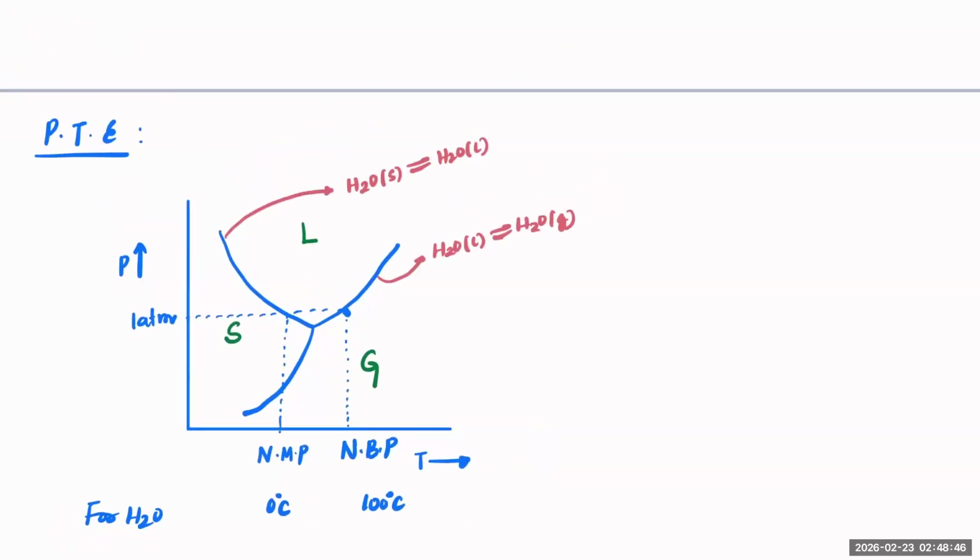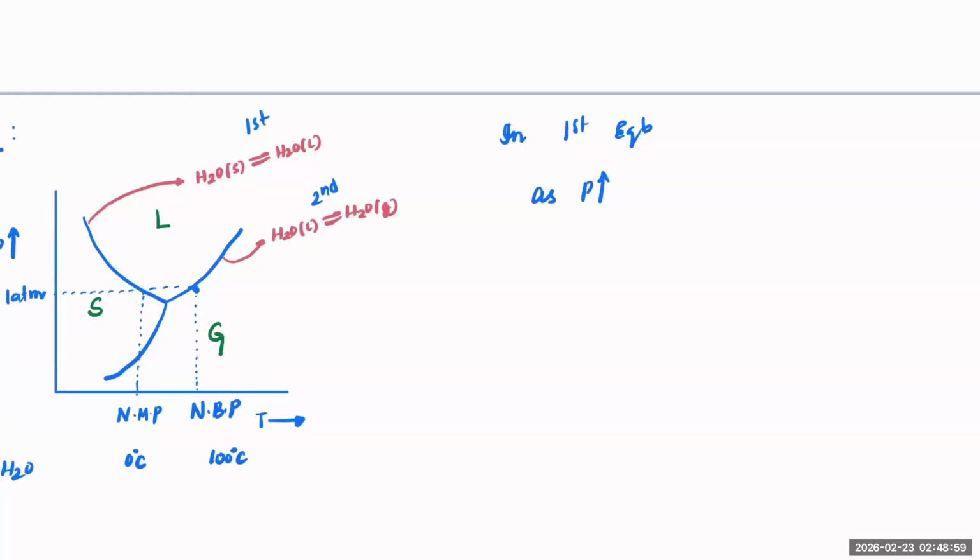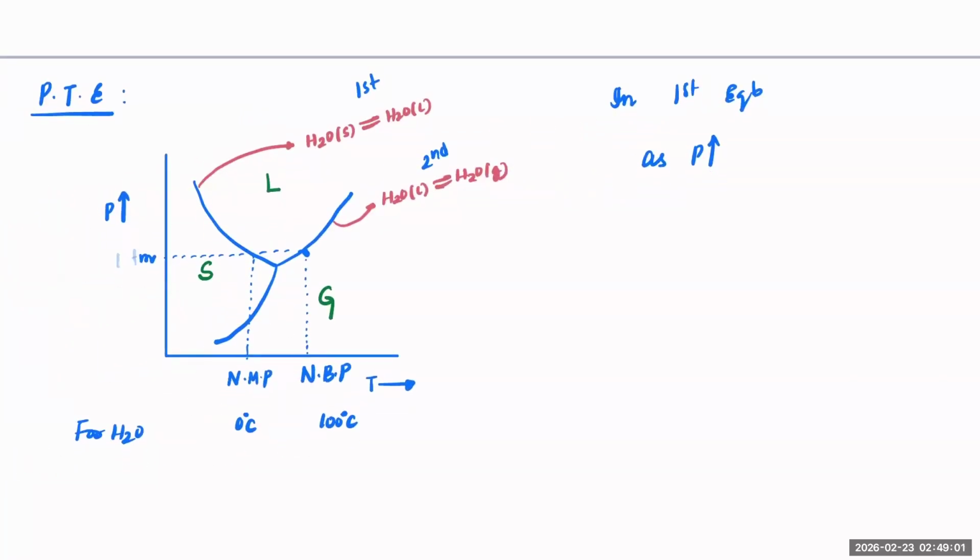Let's say this is the first equilibrium, this is the second equilibrium. In the first equilibrium, you notice that as pressure increases, suppose I increase the atmospheric pressure or external pressure, then you are going in this direction, right? This is external pressure increase. So in which particular zone are you ending up? You are ending up in the liquid zone.